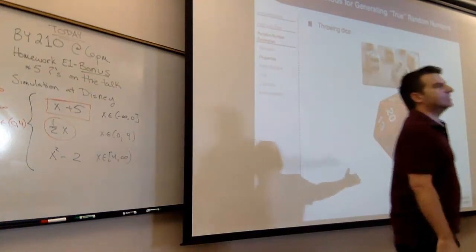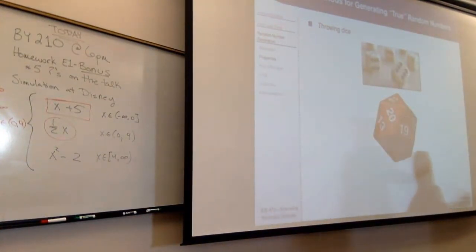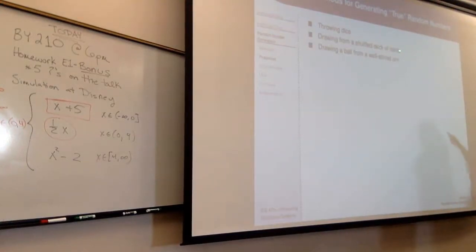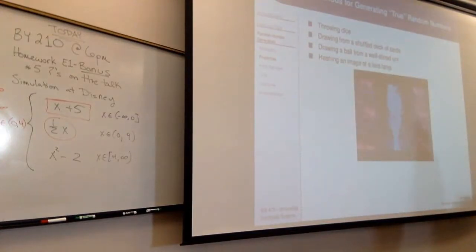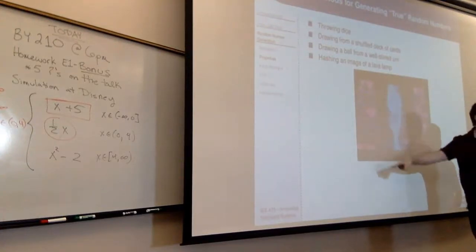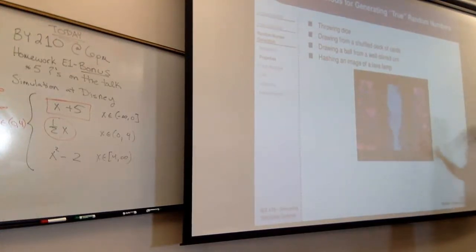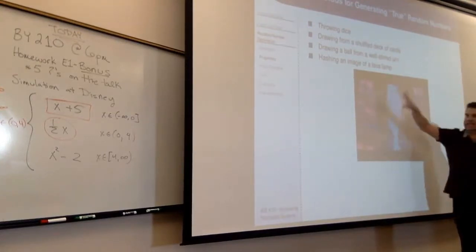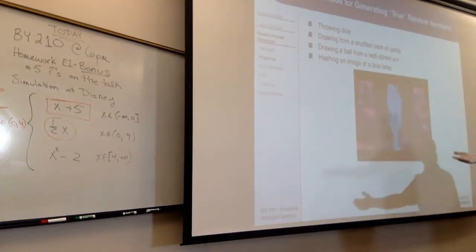Okay. All right, so how do we generate true random numbers? We could throw dice. That's not really convenient if you want to draw a million of these things and have a computer do it. We could draw from a shuffled deck of cards or draw a ball from a well-stirred urn. Again, those aren't really good for automated systems. There are some interesting things that people do online. There are setups where people put a webcam on a lava lamp, and then they take all the pixels out of the image, add them all up together, and run a little bit of arithmetic to get a number out.